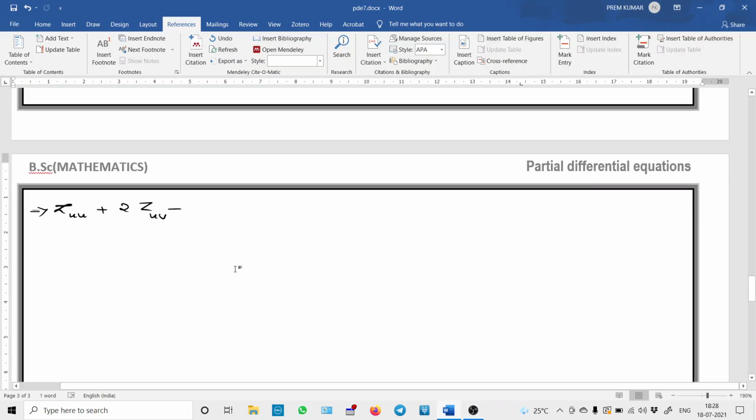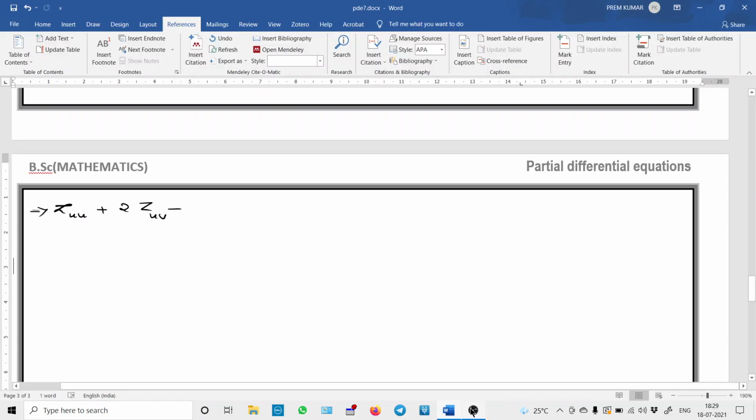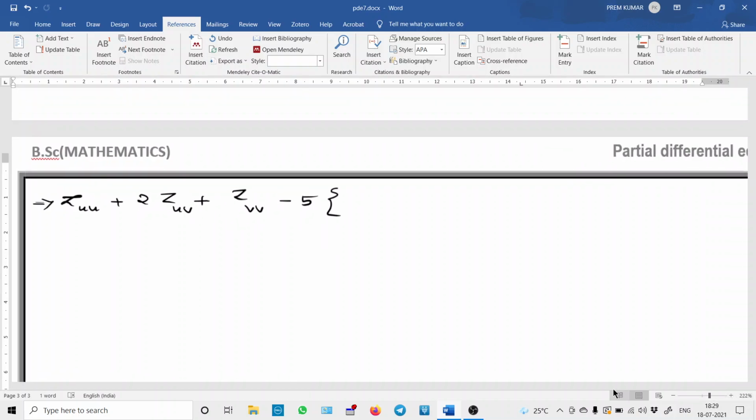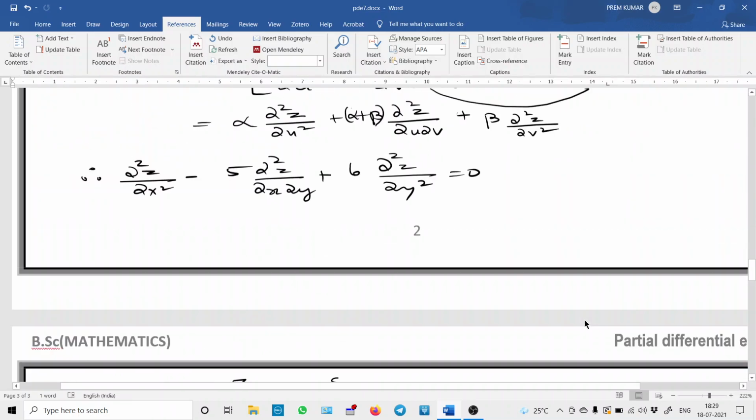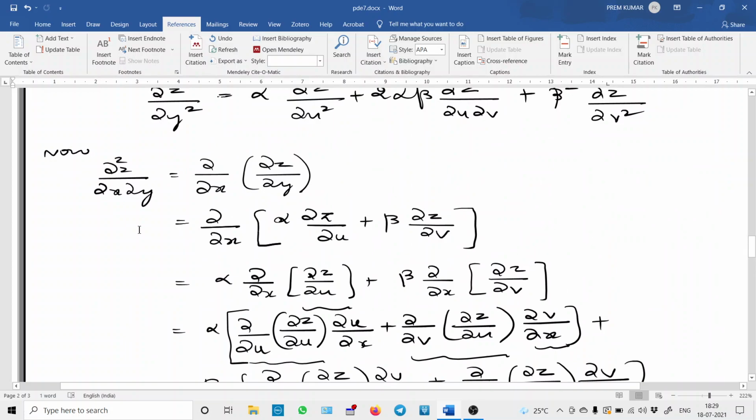So now we make the substitutions: z_uu plus 2 z_uv plus z_vv, minus 5 times, and the remaining things you can check, 5 into ∂²z/∂x∂y.